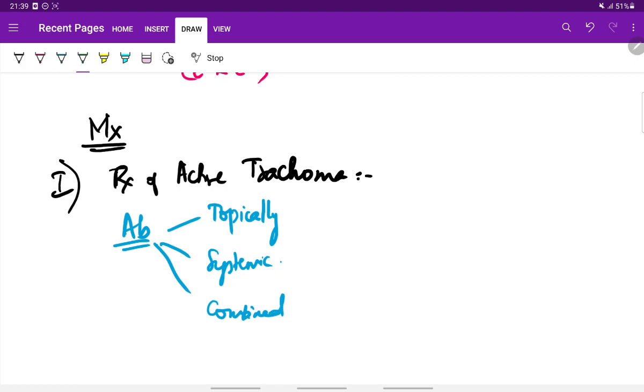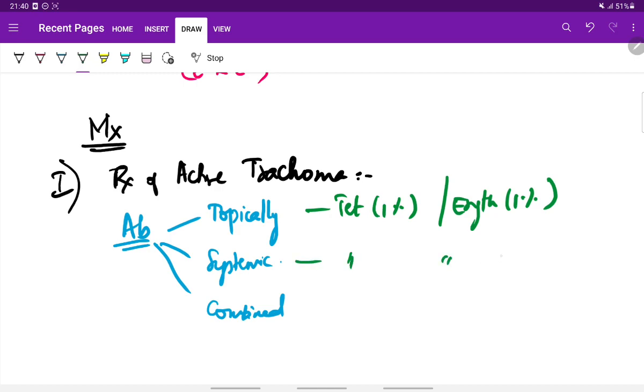Topical antibiotics given are tetracycline 1% or erythromycin 1% eye ointment. Systemic antibiotic therapy is tetracycline or erythromycin given orally, or we can give doxycycline.